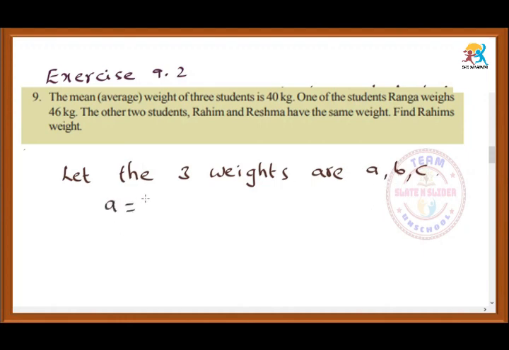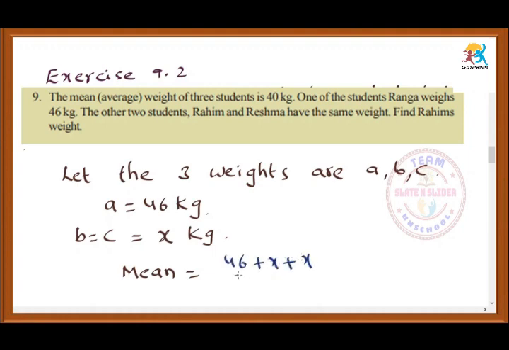So let us take A equal to 46 kg. The other 2 students, Rahim and Reshma, have the same weight, that means B and C. So B is equal to C, let us take that as x kg, and we have to find the mean. Mean is equal to the sum of observations divided by the number of observations, that is (46 plus 2x) by 3, and the mean is 40.